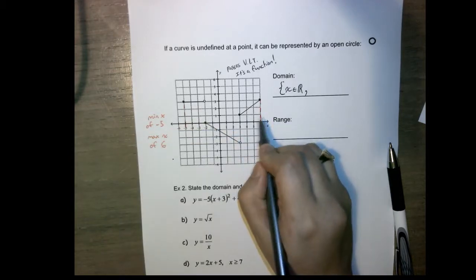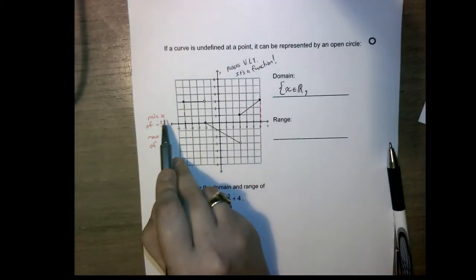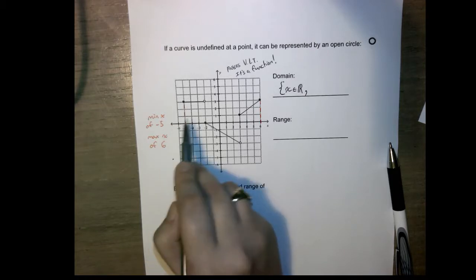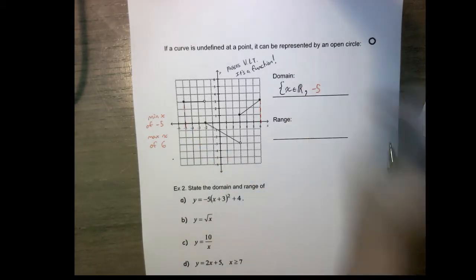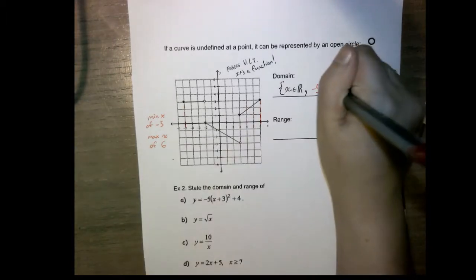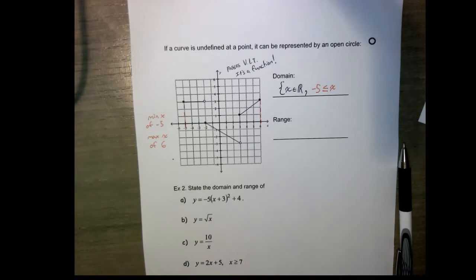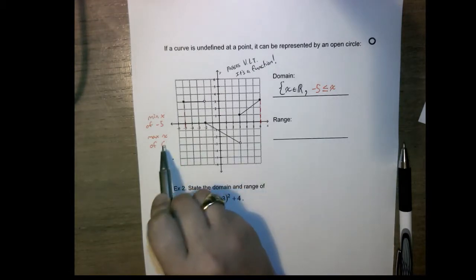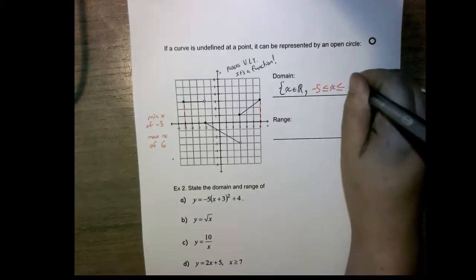And it is defined at both of those points. So min x of -5. So that means that I have -5 as my smallest number, and x has to be greater than or equal to it. And then x is smaller than or equal to 6.